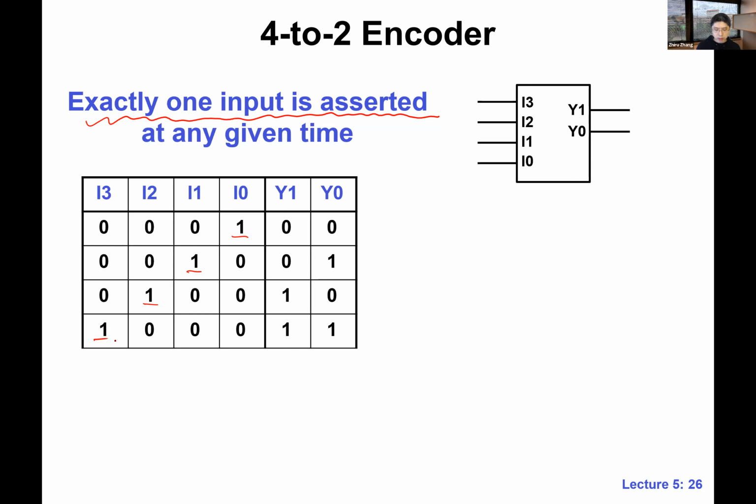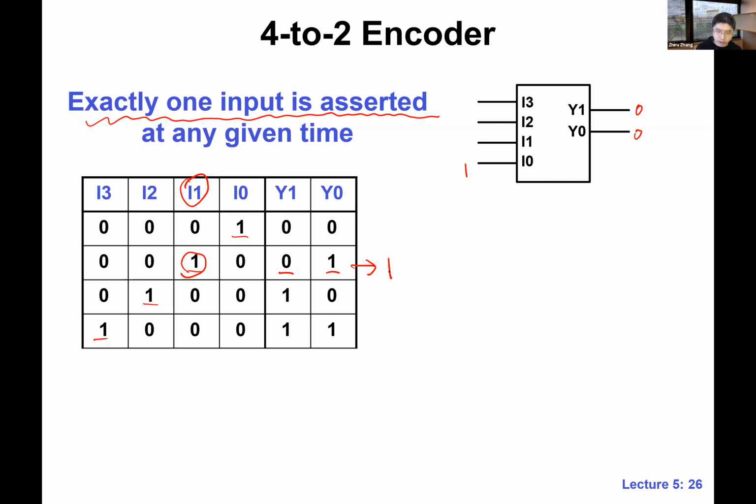When I0 is hot, if this is 1, the corresponding Y1 and Y0 is 0, 0, which translates to 0. When I1 is hot, over here, Y1 and Y0, the corresponding output is 0, 1.